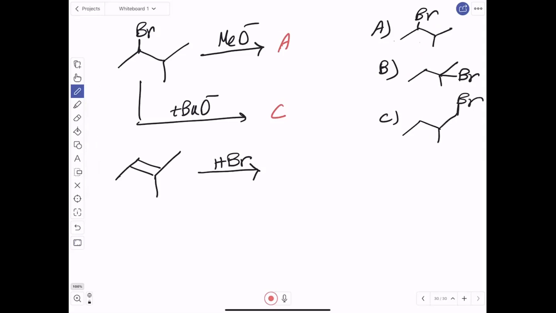Which one is the answer? The answer is B. Why? Because with HBr, it's Markovnikov addition. You have to add hydrogen to the sp2 carbon with more hydrogens, and nucleophile to the sp2 carbon with fewer hydrogens. So this is the product, right?